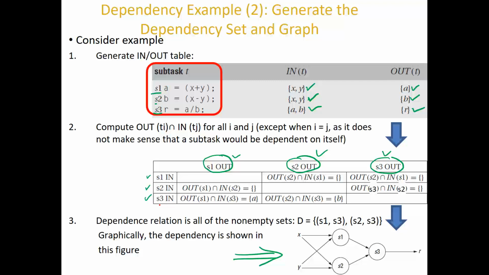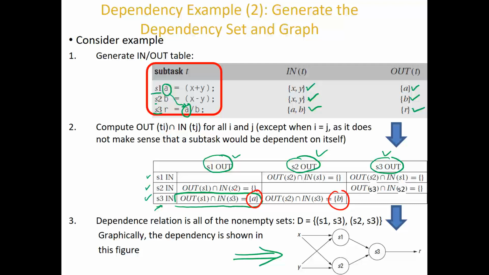For instance, the intersection between the input for S3 and the output for S1 is A. So you can see this output from S1 goes and becomes an input to S3. You fill up this table and you can see clearly that you have here A and B. All of the rest are empty.